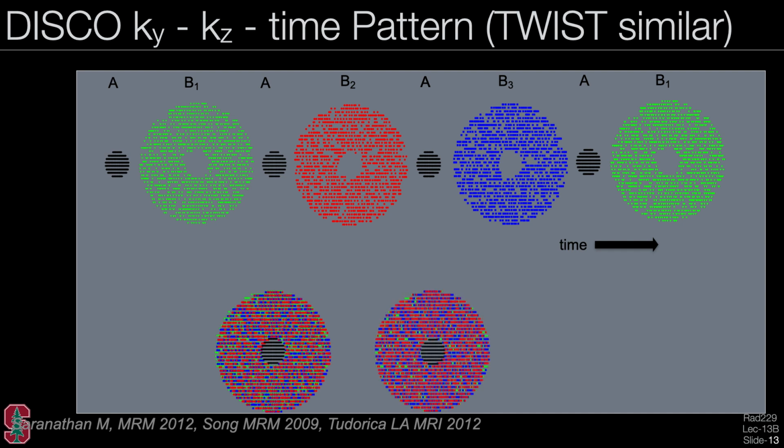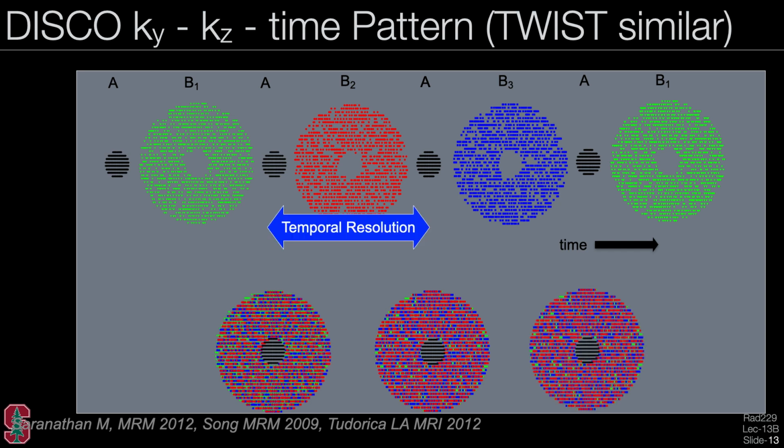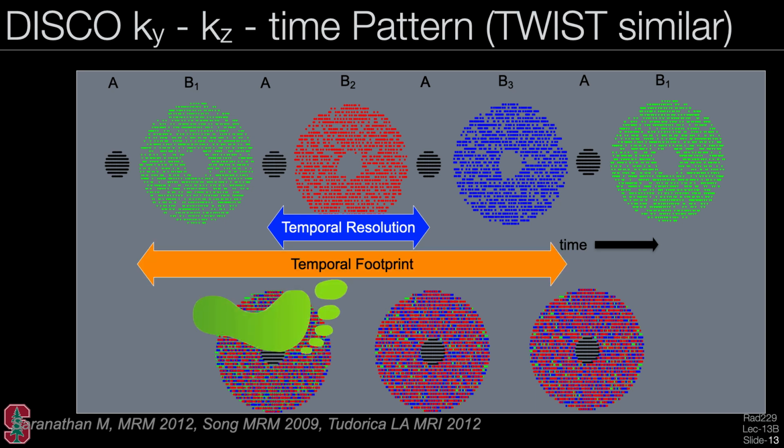And then we do this for the next time frame as well, and the next time frame. So here we can define the temporal resolution, typically as how frequently we sample the central k-space information, and the temporal footprint is basically the full temporal window from which we use samples in the reconstruction. We should note that these techniques are usually combined with parallel imaging. So parallel imaging is already happening in the background typically here.